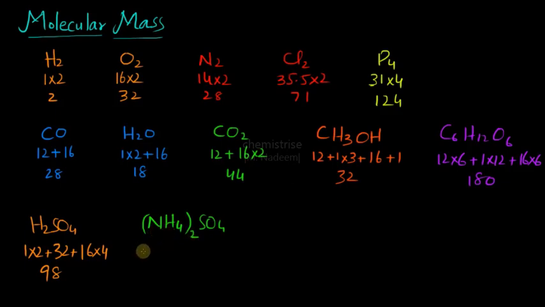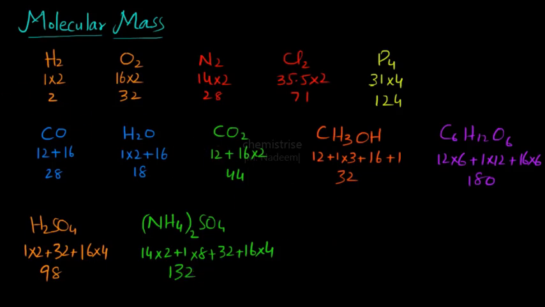So let's write. Nitrogen is 14, and this 2 will get multiplied with it, so 14 times 2, plus hydrogen is 1 and there are 8 of them because 4 twos are 8, so 1 times 8, plus sulfur is 32, oxygen is 16 times 4. So that will be the molecular mass. The answer for this is 132.